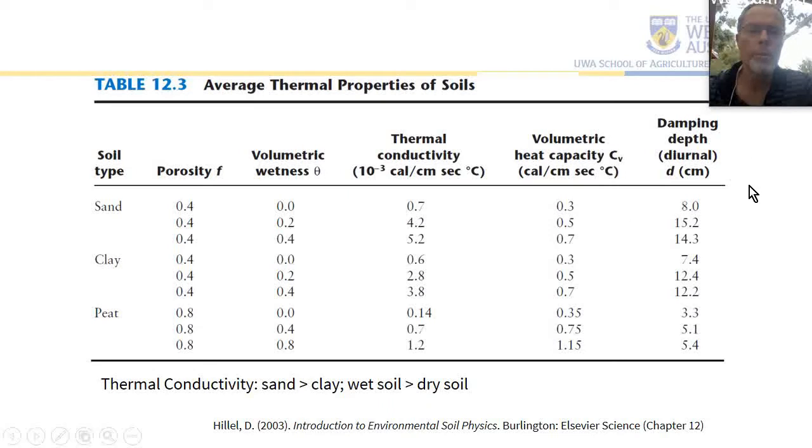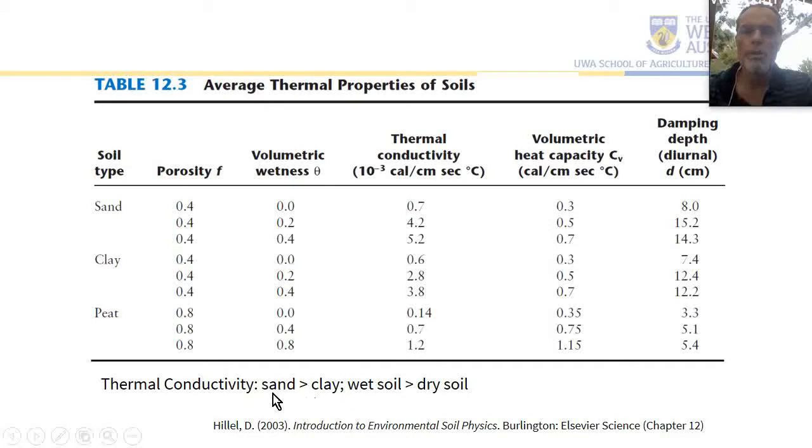And the other thing that we're looking at in this table is damping depth, the depth beyond which there's no real change in day-night temperature. And that's, again, similar for the 2 mineral soils, and a bit shallower because of the insulating capacity of the more porous peat.